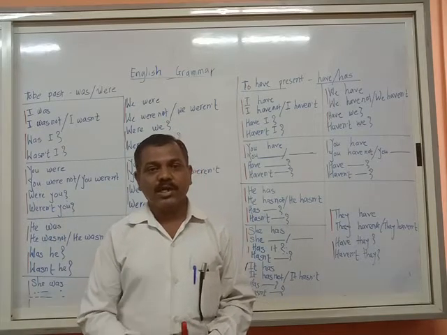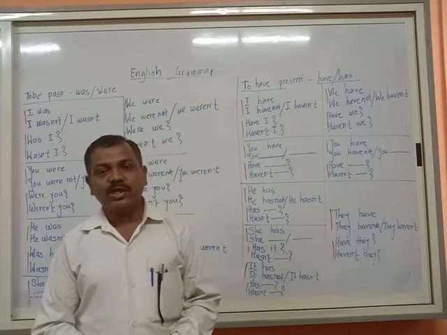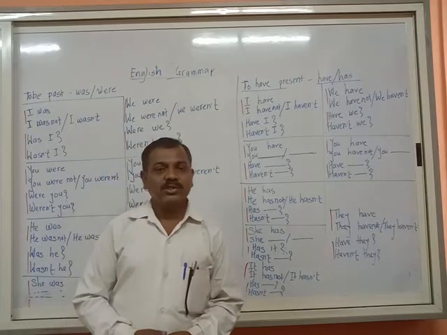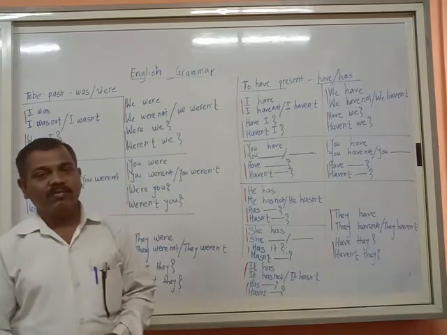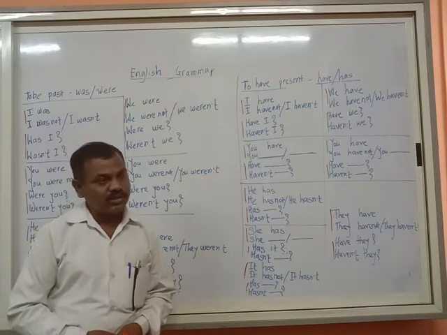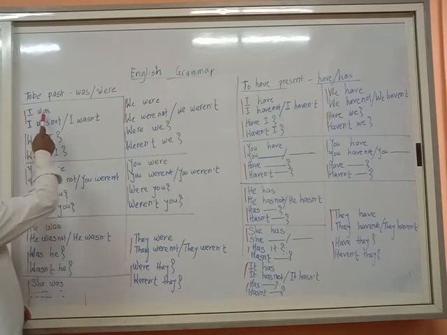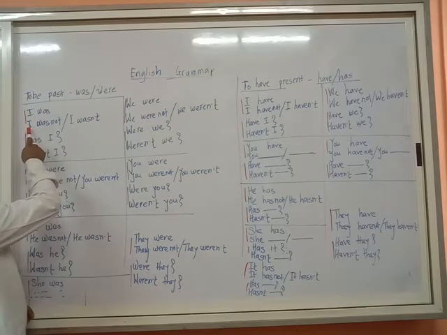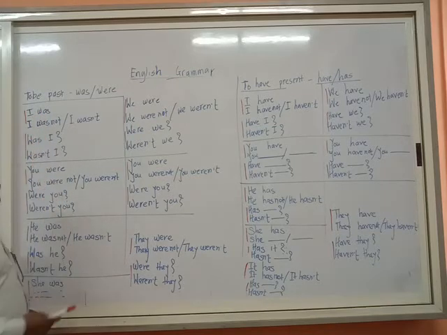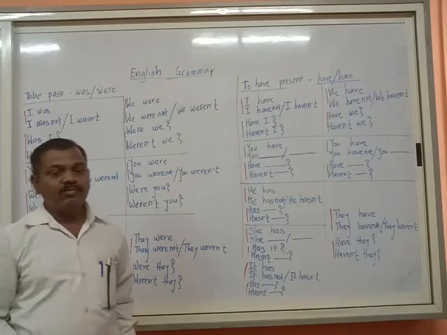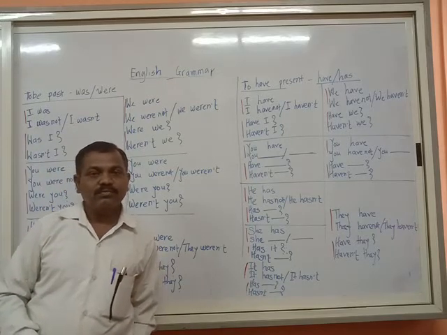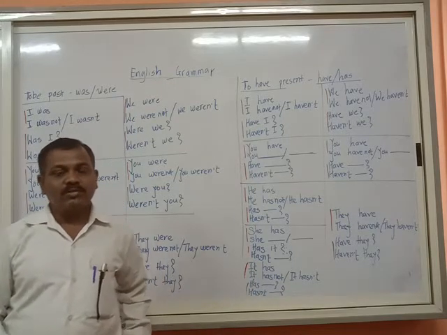In the previous lecture I have told you these questions are called verbal questions, to get only confirmation, a yes or no answer, and very simple structure. Just one change is there. The auxiliary is taken in the beginning and the subject is taken afterward. This form is known as the auxiliary question.